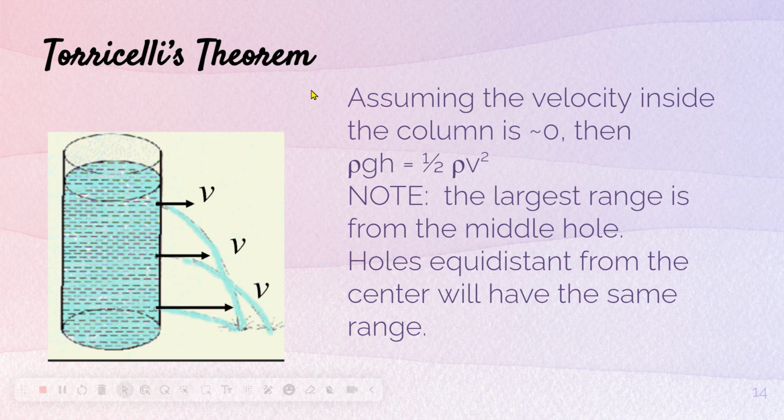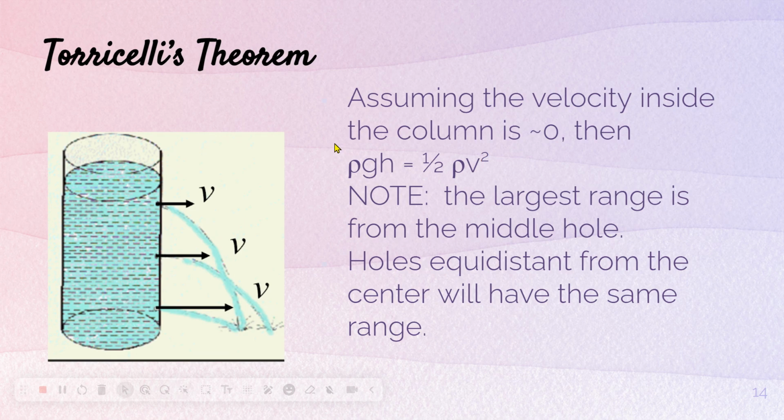Torricelli's theorem, assuming the velocity inside the column is 0, meaning that the water inside of the cup isn't moving, it's just the water that's flowing out of this that's really moving. The speed of the water as it drains down is inconsequential to the speed of the water as it comes out of these tubes. Then what you have is, again, outside pressure here and outside pressure here are the same, so we don't need them.